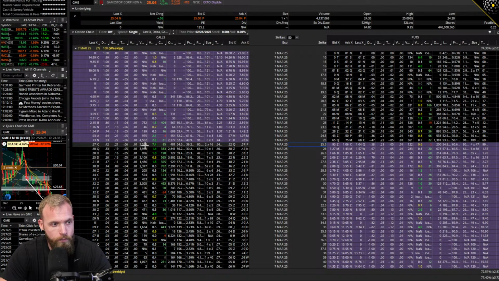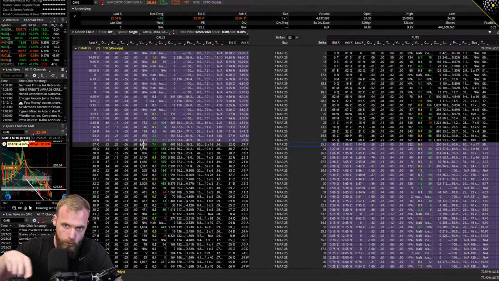If we know that every single option has to have a counterparty, and quick recap, volume is the number of options traded today. Open interest is the number of options that are active, meaning day over day.